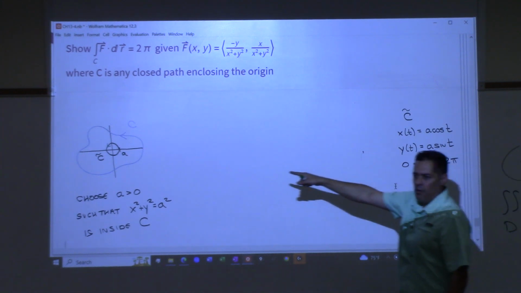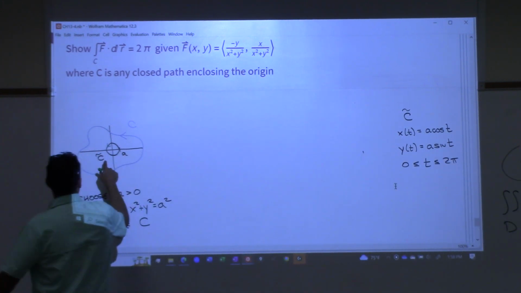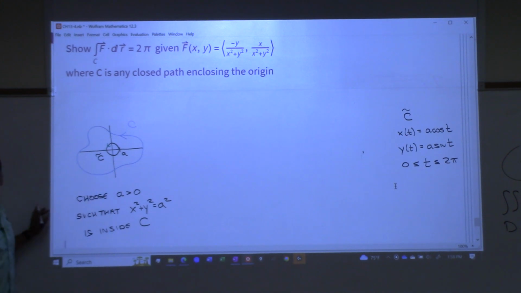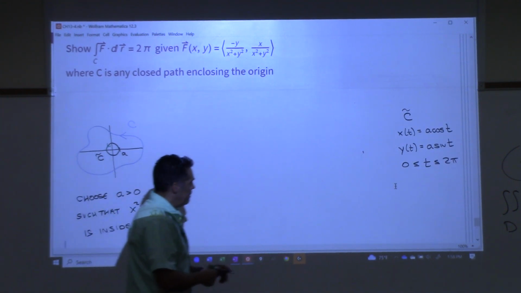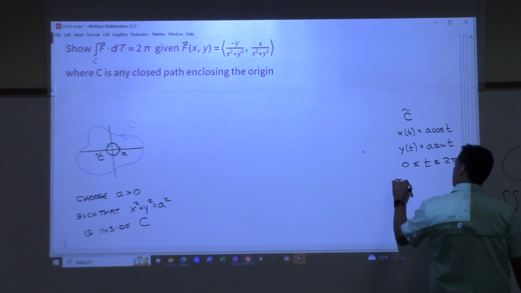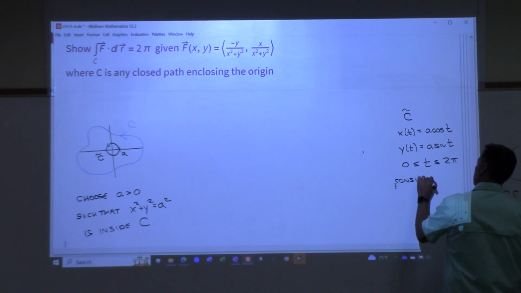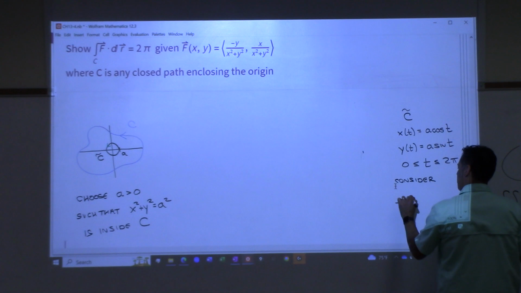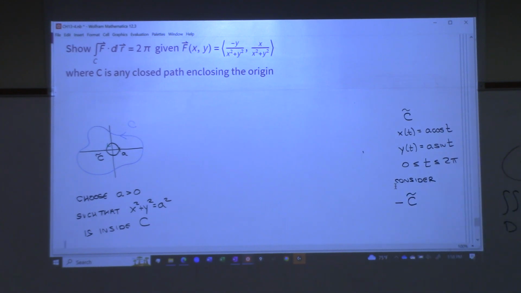So do y'all see that that's almost what I have over there, except for what? C tilde is in the wrong direction. Easy fix. Let's consider negative C tilde now. According to this, what do we have?